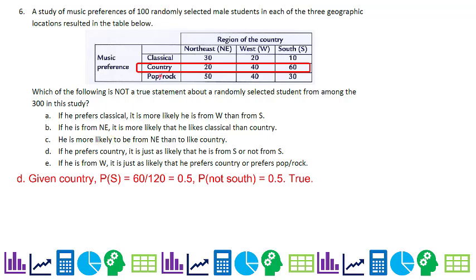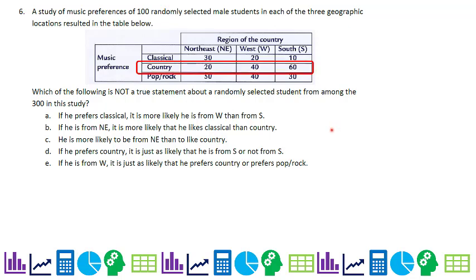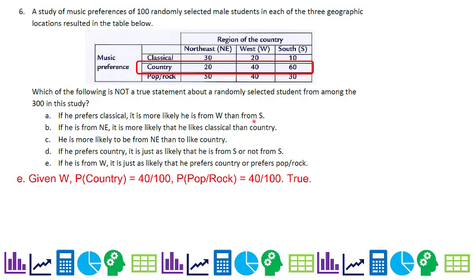D: if he prefers country, then it is just as likely he is from the south or not from the south. That one's actually true. You have 60 in the south and you have 60 not in the south. Then finally E: given that he is from the west, it is just as likely he prefers country or prefers pop rock.